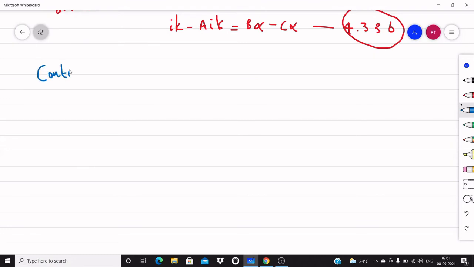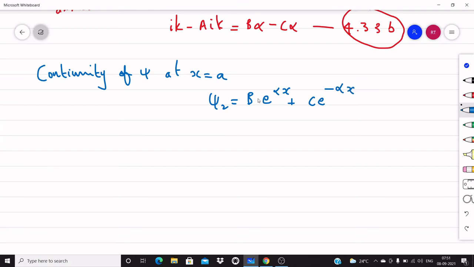Continuity of psi at x equal to a. Before that we have to write the wave functions. Wave function psi 2 is equal to b e raised to alpha x plus c e raised to minus alpha x, and psi 3 is equal to d e raised to ikx.